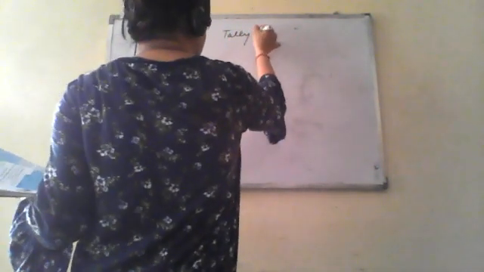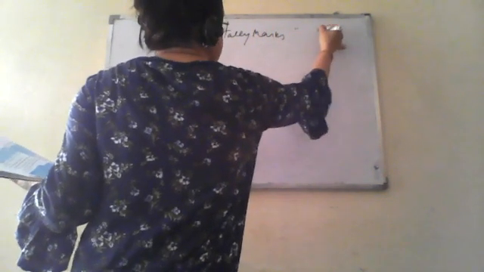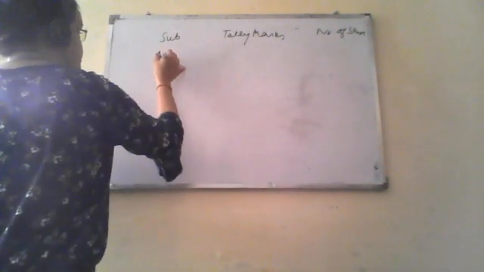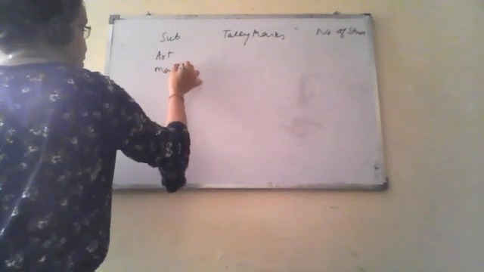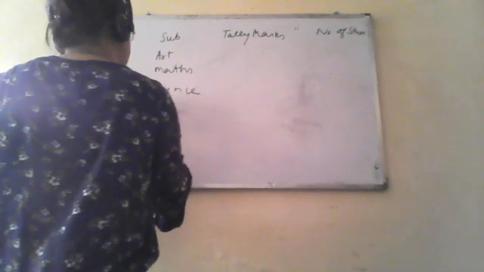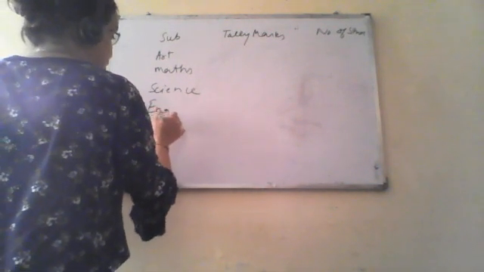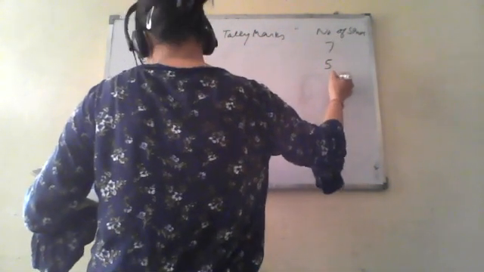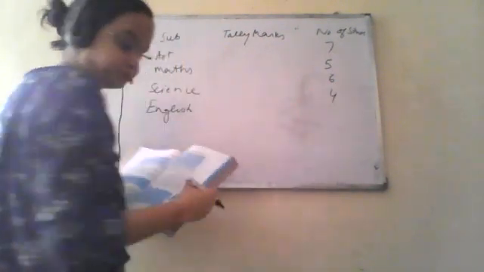There are different subjects and the number of students studying each subject. The subjects given are arts, maths, science, and English. The number of students in these are 7, 5, 6, and 4.